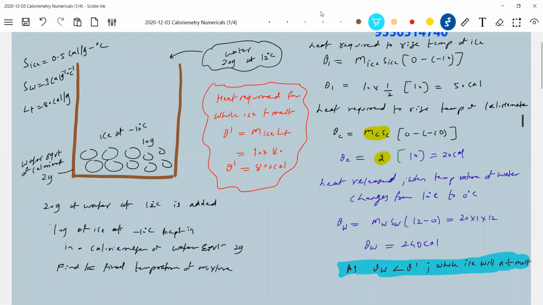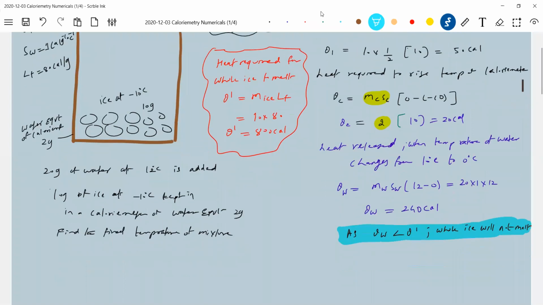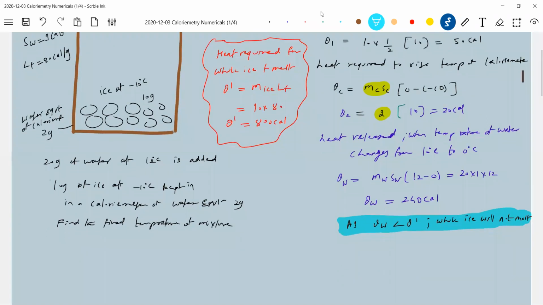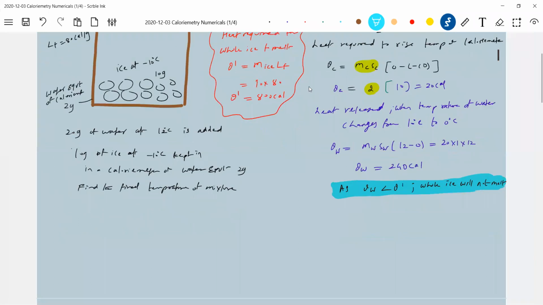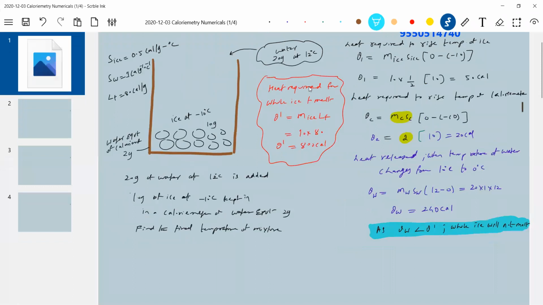So how much ice will melt? How to say that? Let me make everything visible here. Okay, now you can see this.